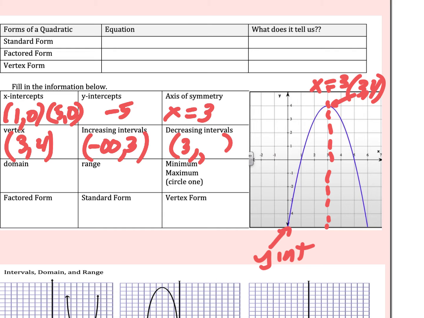All right, I'm putting the answers up on the board, and I have made a mistake on purpose. Let's see if you can figure out where the mistake is. Domain.